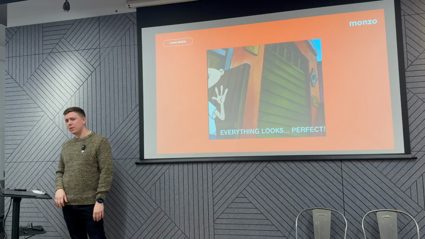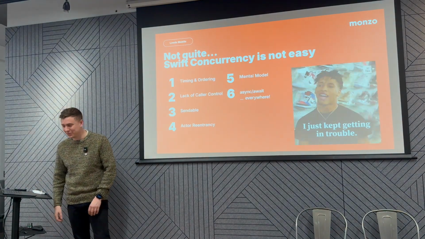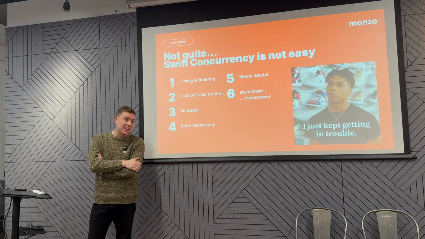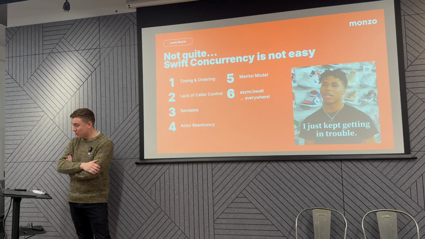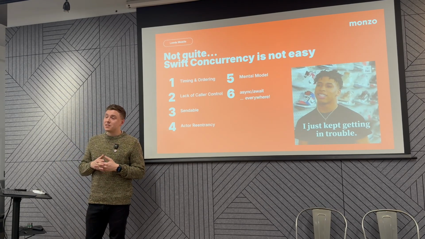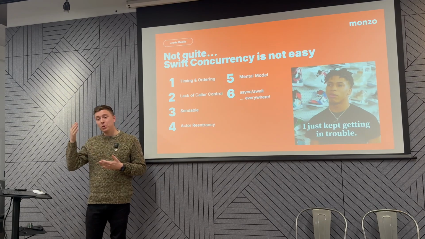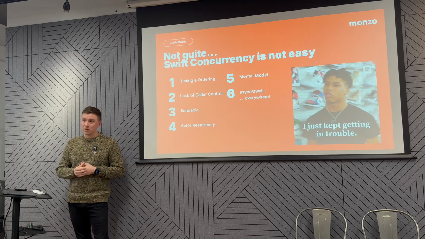So everything looks perfect, right? No, not quite, because it's not easy. And actually, there's a lot of things that Swift concurrency takes from you. It's difficult to learn for people who have used Grand Central Dispatch. There's a thing called beginner's mind.